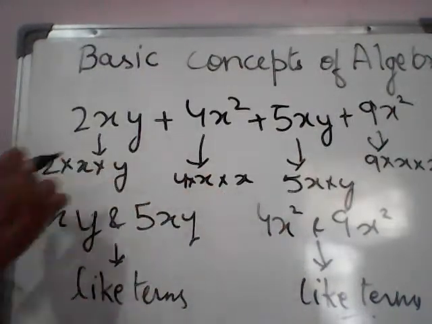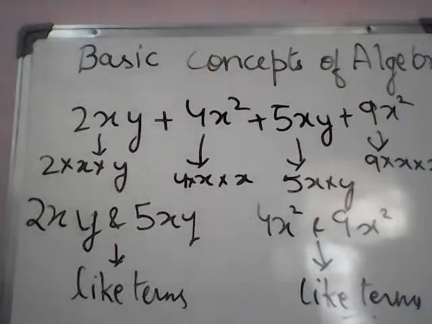So in adding algebraic expressions, when we simplify them, that is adding or subtracting, we can only do this with like terms. We can add like terms, we can subtract like terms, but we cannot add or subtract unlike terms.